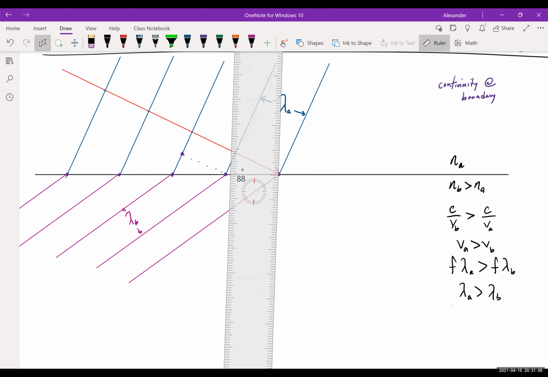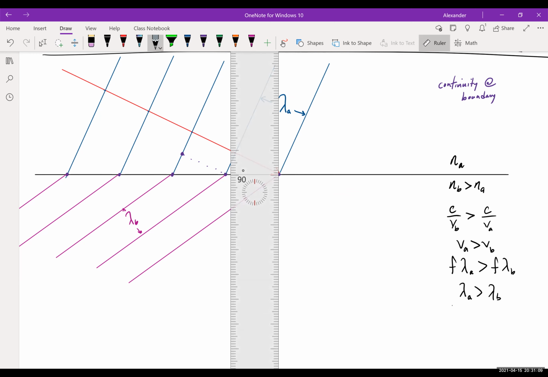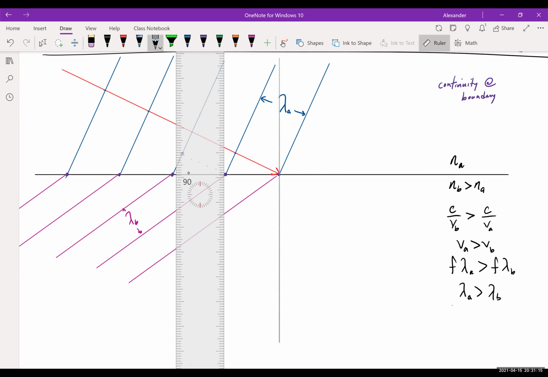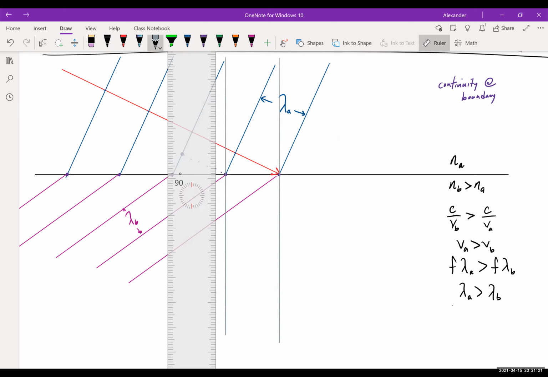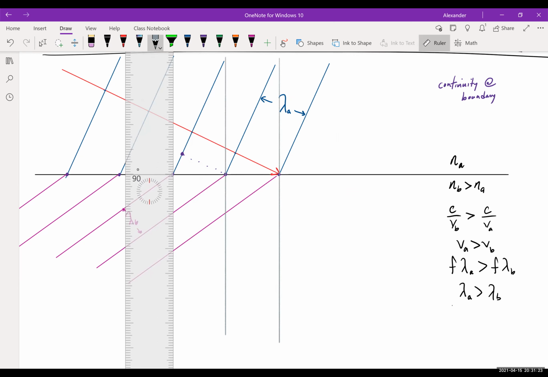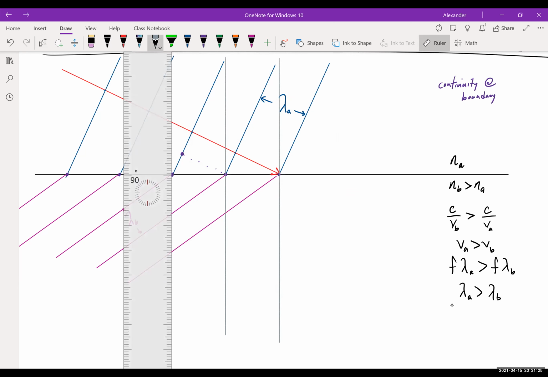One more line I gotta draw with the ruler here. And that is the perpendicular to the boundary. Three is enough.